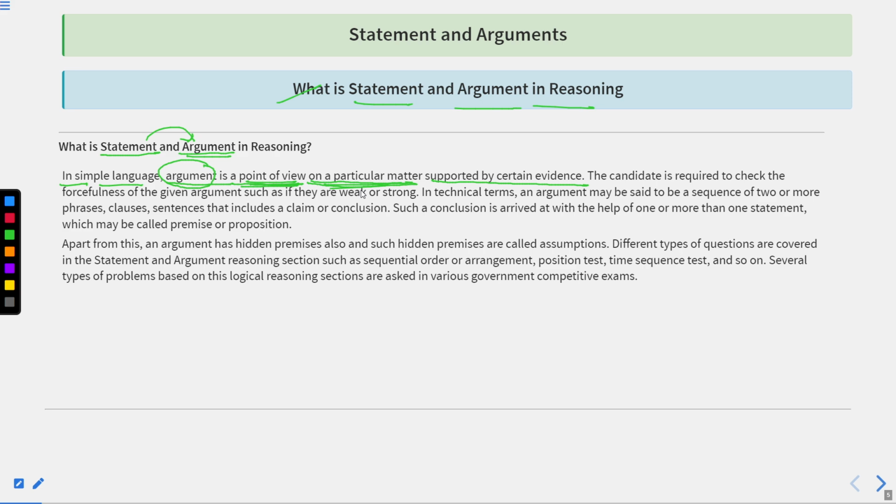No, it is not directly related to the statement. So this type of argument, which is not directly related to the statement, is a weak argument. And weak arguments are not the correct approach, and that is to be excluded from the argument of the reasoning.